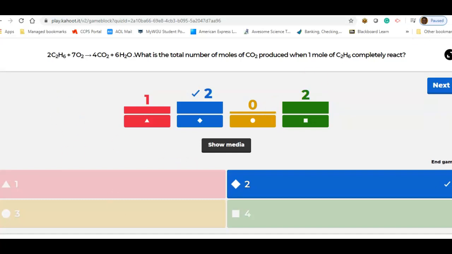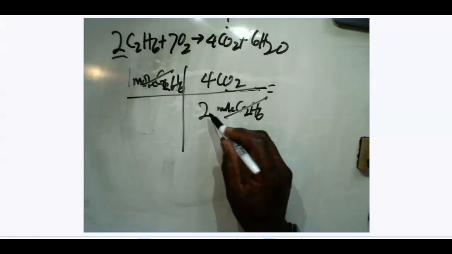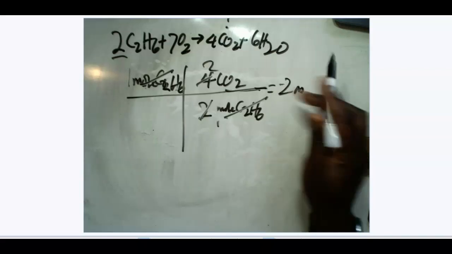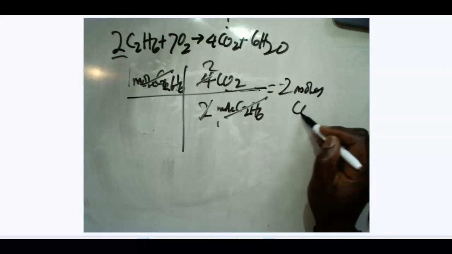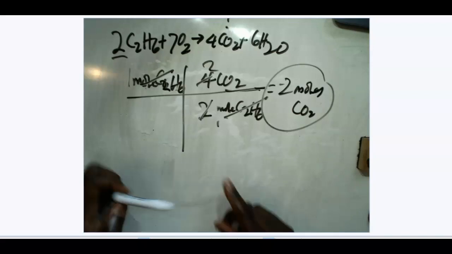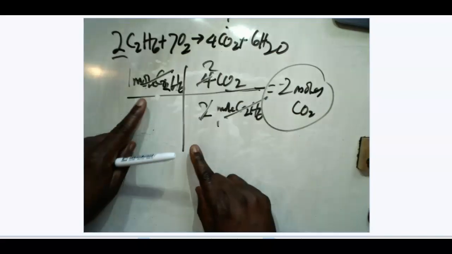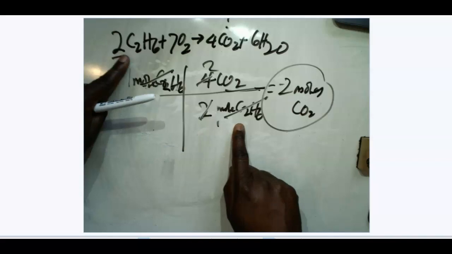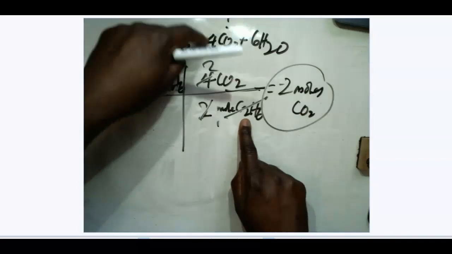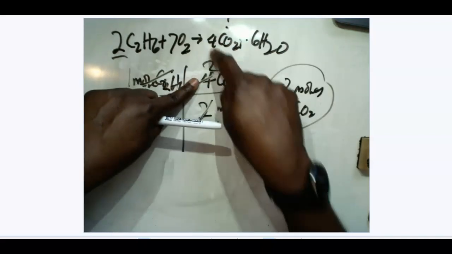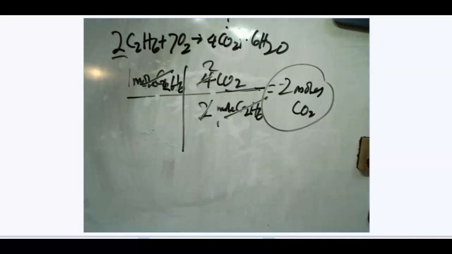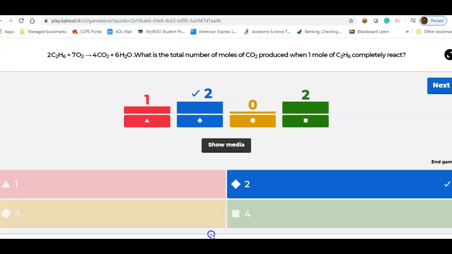Yeah, you're right. So that is 2, 1, 2. That will give you 2 moles of CO2, which is the same as just using your proportion. Just 1 mole is given in the question, and the mole ratio of C2H6 is 2. We're looking for CO2, so CO2 comes here with the mole ratio, and this 4 over 2 will give us 2 moles. That is if you want to do the long one.